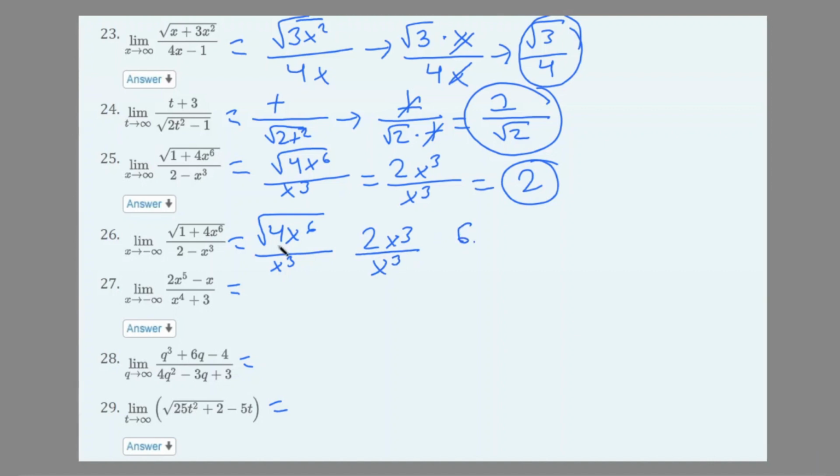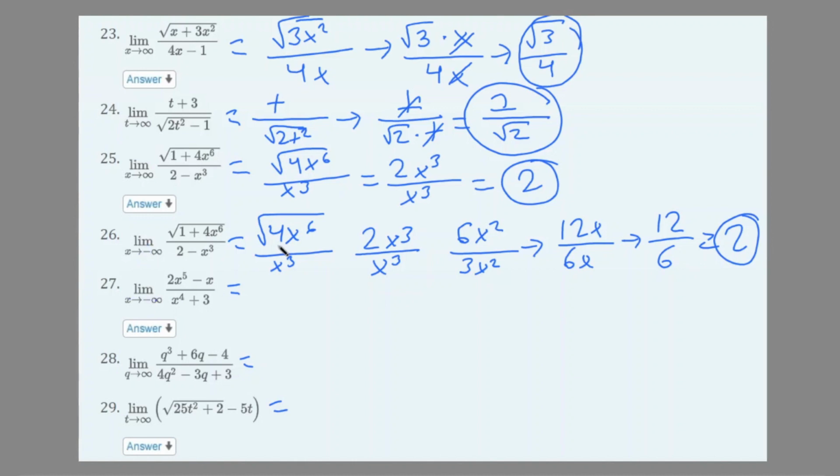Except now if you derive it, we get 6x squared over 3x squared. Derive it again, we get 12x over 6x, and then we get 12 over 6, which is also 2. So that would be your limit as x goes to negative infinity.